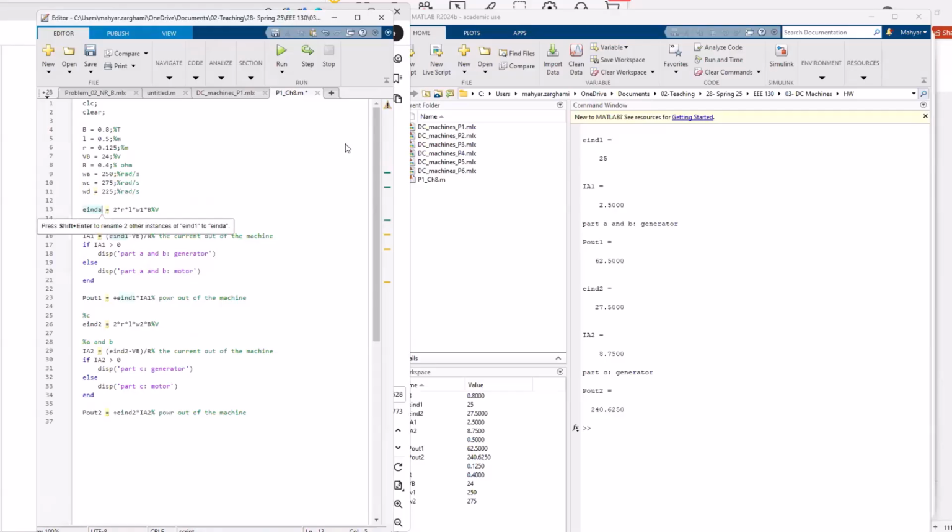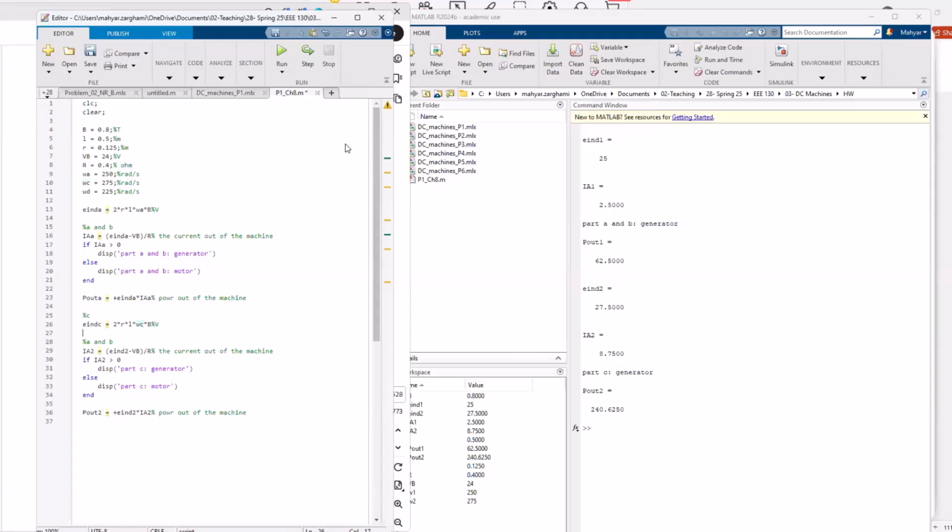So this is E induced A, omega A, P out A. Then this becomes E induced C, part C. A and B were kind of the same.